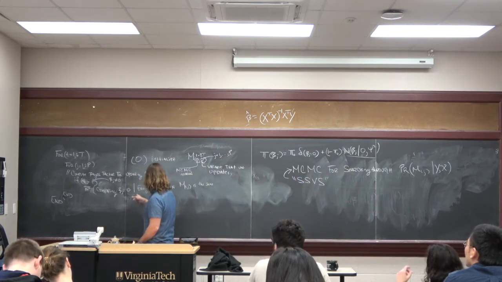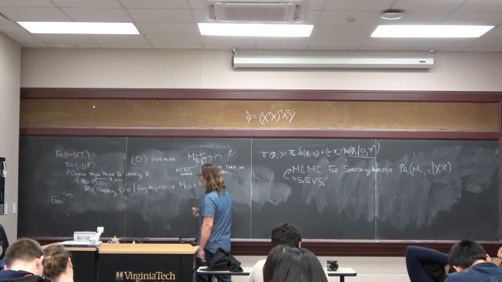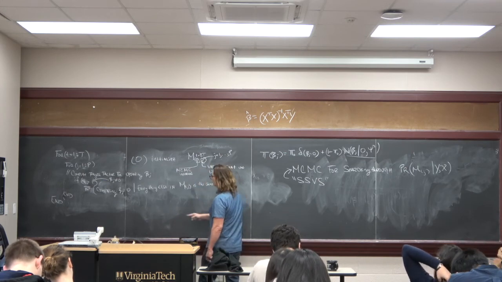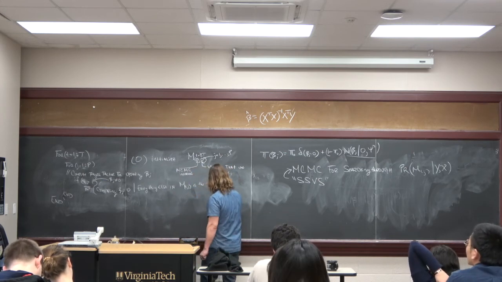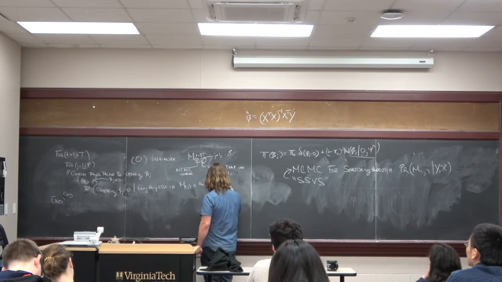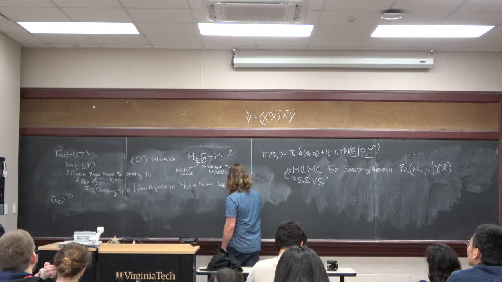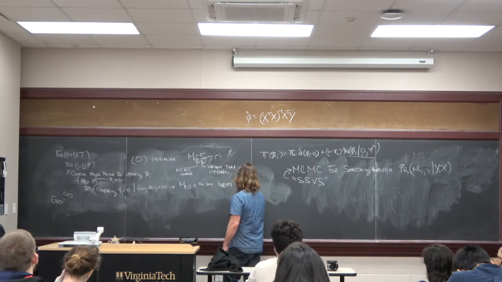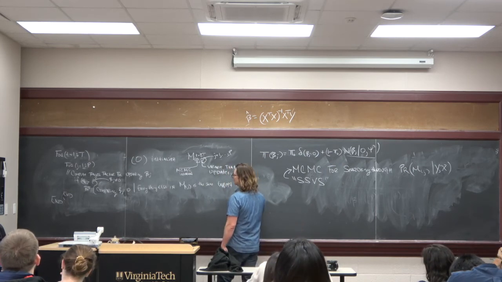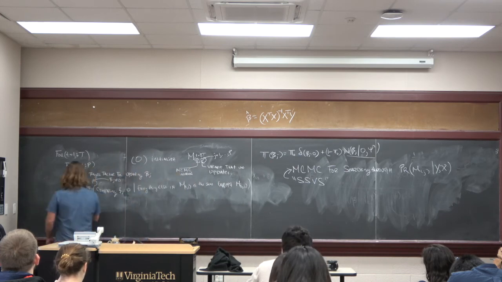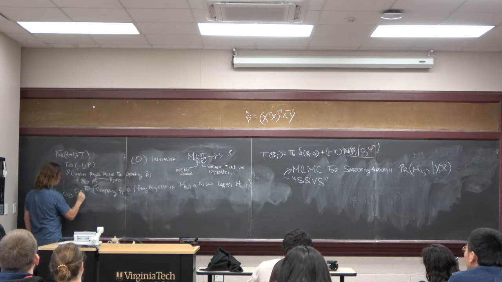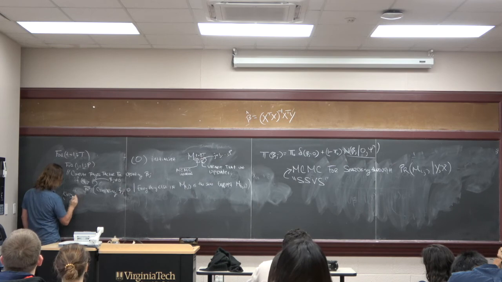Then I compare this to the model where everything else is the same except for the beta j. I'll say mtj. So I'm going to compute this Bayes factor.